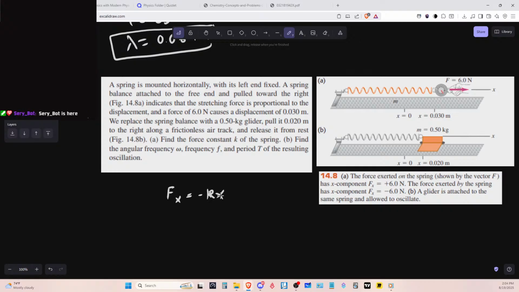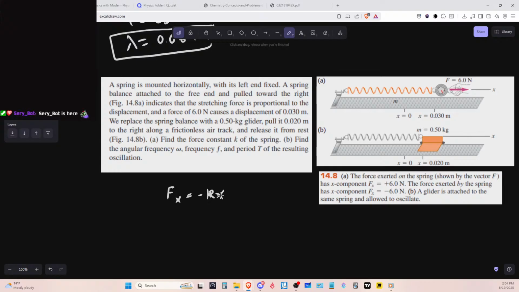All right. So indicates that the stretch force is proportional to the displacement: a force of 6.0 newtons causes a displacement of 0.030 meters.